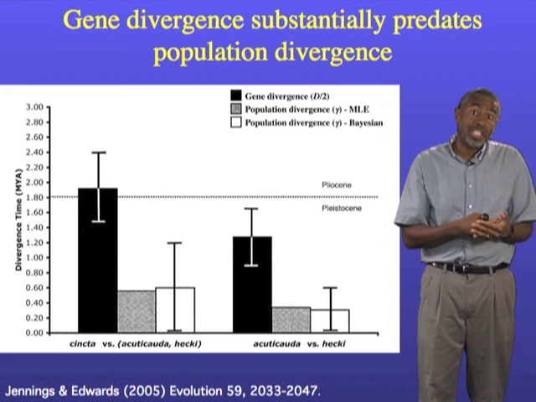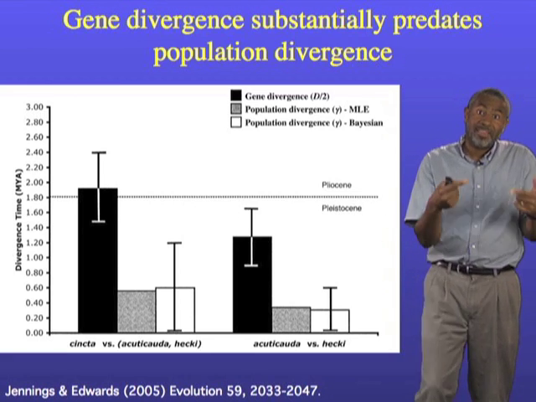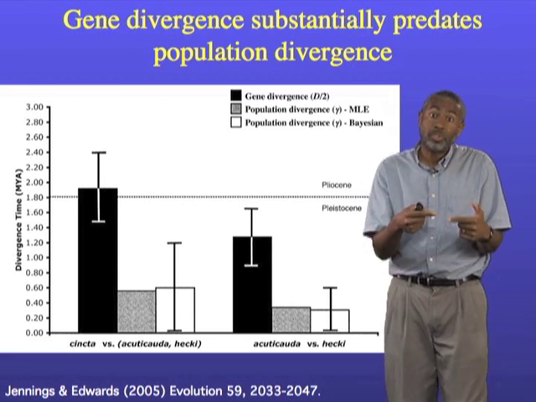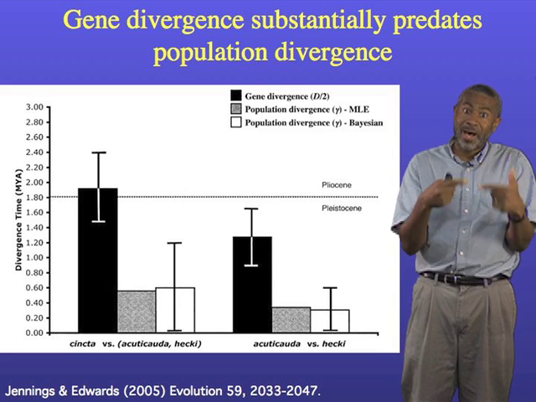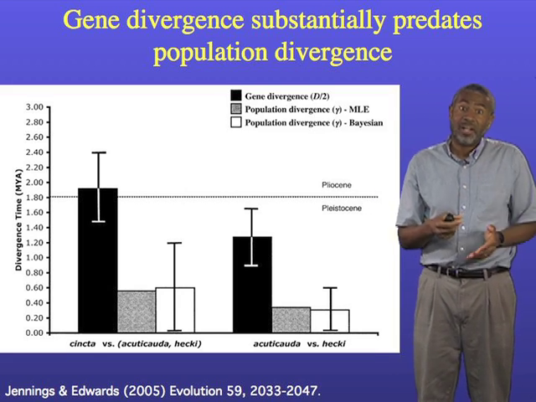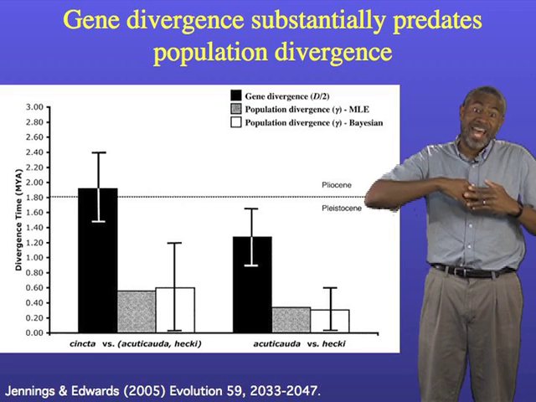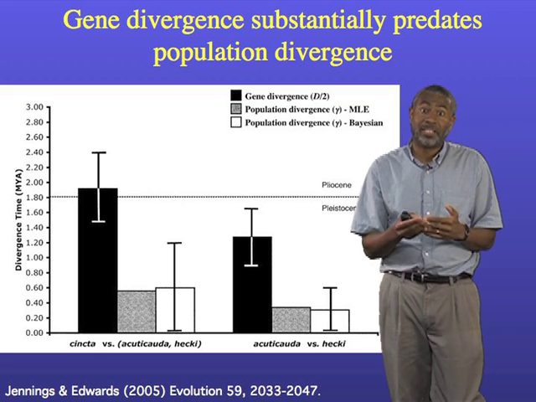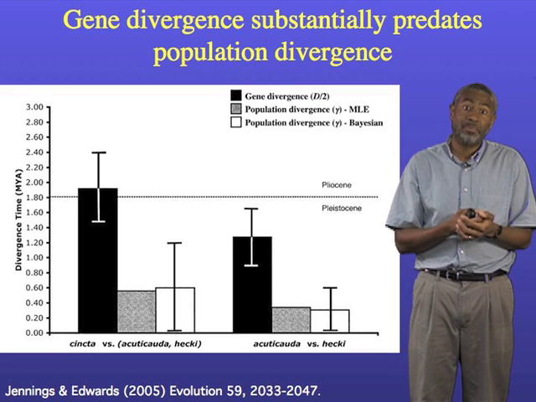You can see that those gene splits are quite a bit deeper than the actual splits that we're interested in, namely the population splits. You can see that, for example, on the left, the gene split is as deep as the Plio-Pleistocene boundary, which is about 1.8 million years ago.